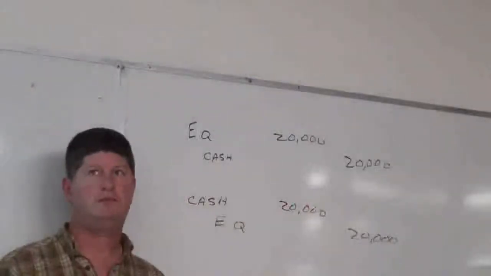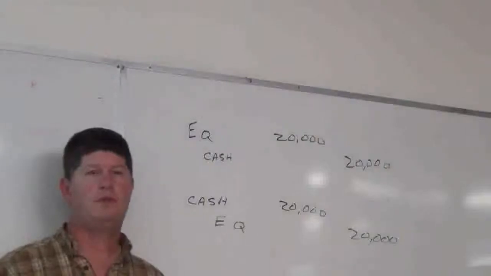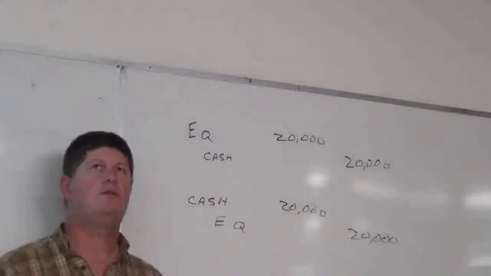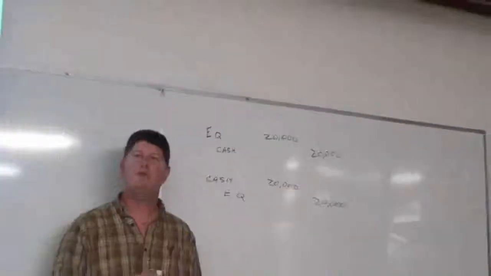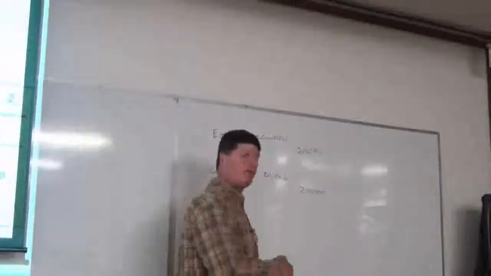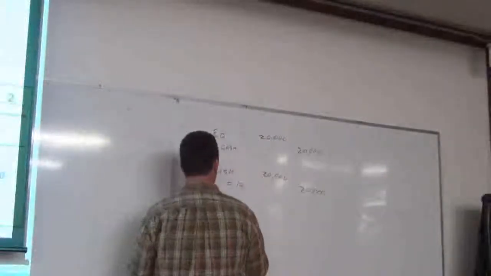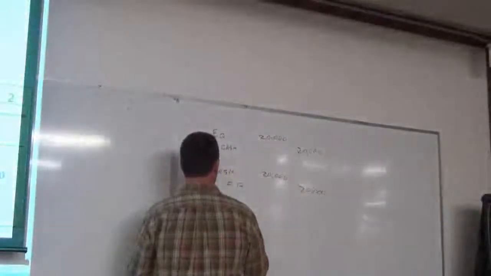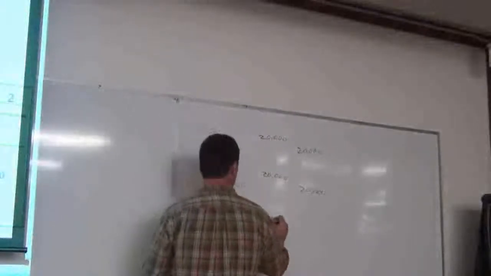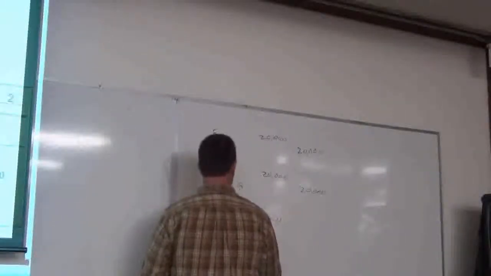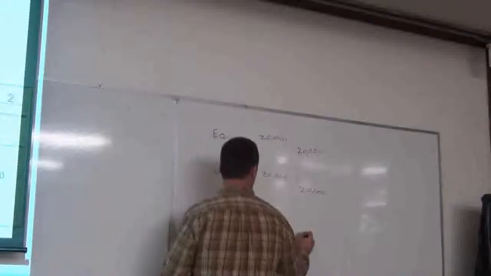No, somebody, we sent them something and then they didn't like it. It's a lost package, and they want to be refunded for it? Did they already pay us for it, or is it on account? Okay, so you're going to have the same thing. You're going to have cash debit for $100, fees income credit for $100.